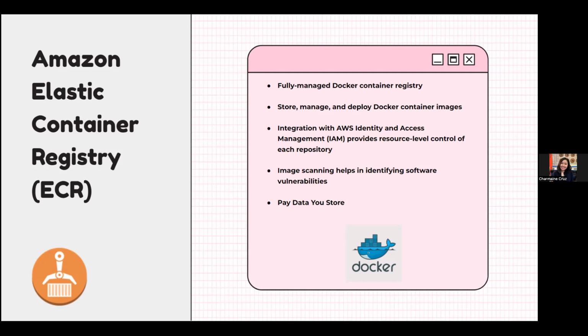It is integrated with AWS IAM, provides resource-level control of each repository, and it has image scanning which helps to identify software vulnerabilities. And yung payment or costing niya is you pay for the data you store.